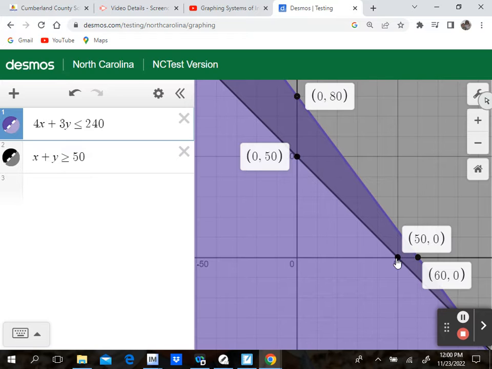Was that 60? All right, we're going to go by fives on both the left side and the right side. Okay, so let me start with the top one. So it's going to be 80. So 80 would even be off the chart if I went by fives, but that's okay. And then that's going to go down to 60. 5, 10, 15.